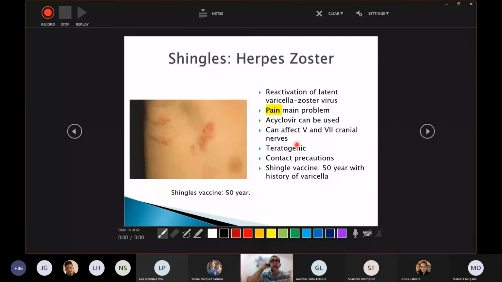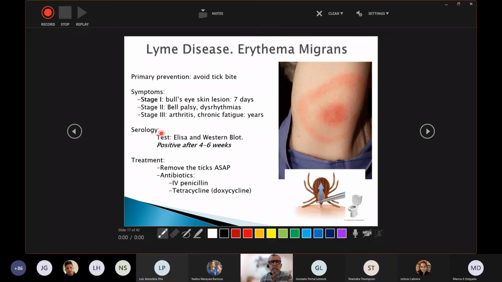That is what OSHA, the organization that deals with health protection, says about pregnant women working in hospitals: specifically nurses should not be dealing with clients that have droplet or airborne diseases. I don't think you will have any question about the shingles vaccine because it's not mandatory. It's a luxury.